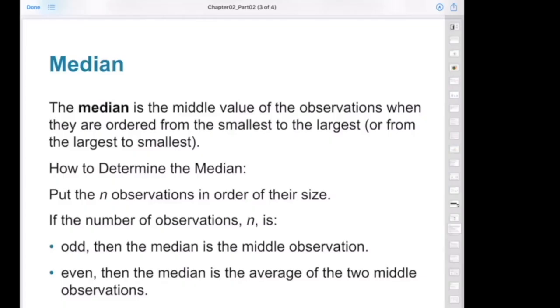But if the number of data is even, okay? In this case, you will have two numbers in the middle, right? In this case, the median will be between these two numbers in the middle. And you can find that by just finding the average, or the mean, of these two numbers, so you have the median, okay?